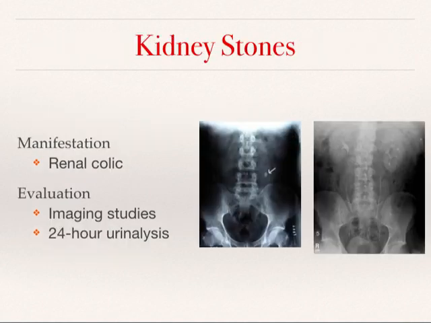In terms of manifestations or the presentation, we call it renal colic, and a lot of times these patients present with a lot of flank pain, also called costovertebral pain. There's a costovertebral angle in the back, under the ribs. Sometimes if we palpate there, which you might do in assessment, they'll have flank pain, abdominal pain, or low groin pain.